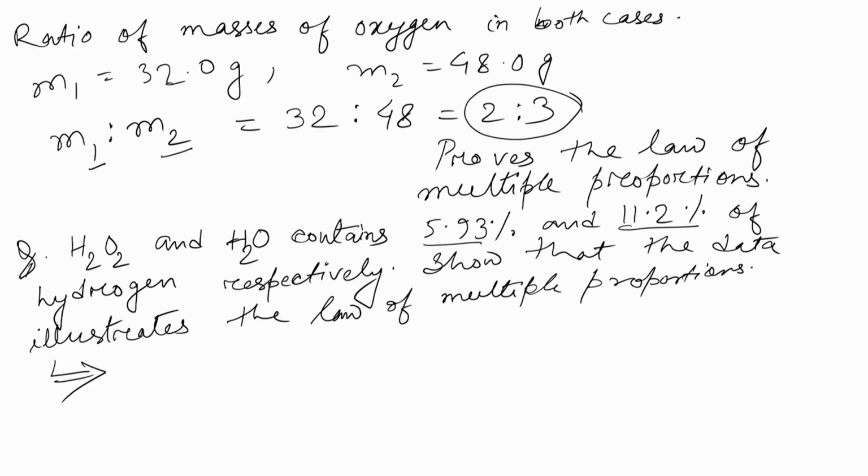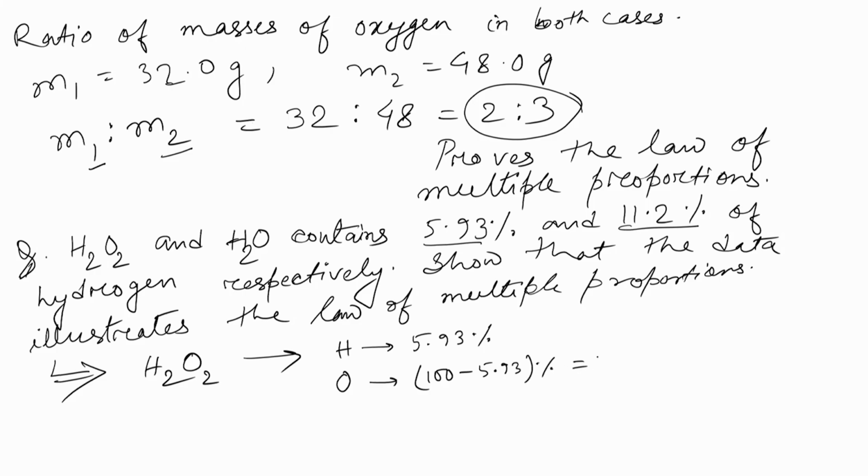How? So, first they have given in H2O2, hydrogen is of 5.93%. So, what will be the percentage of oxygen? Percentage of oxygen will be 100 minus 5.93%, which comes as 94.07%.